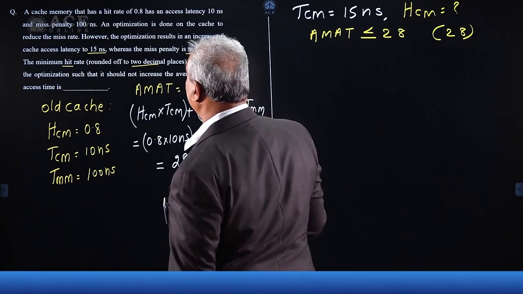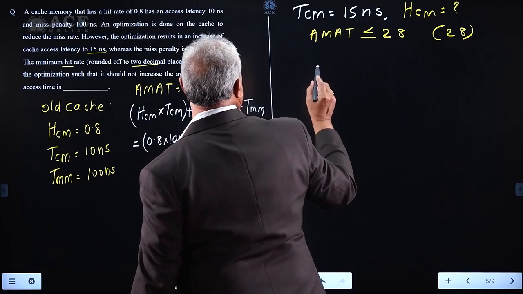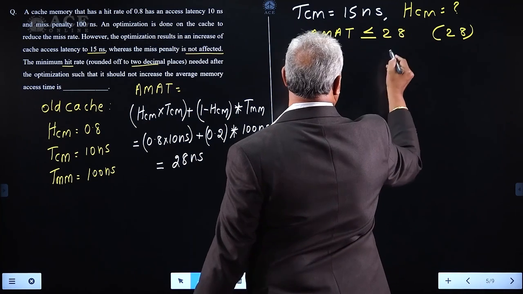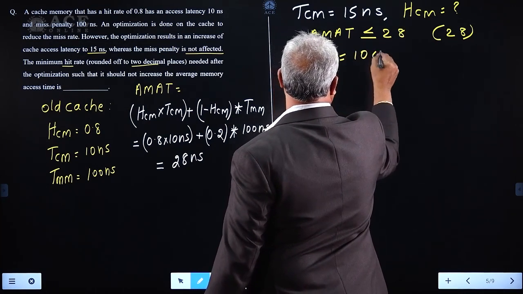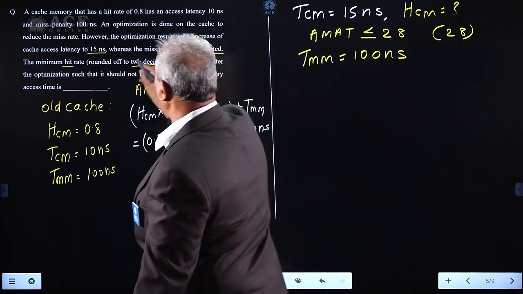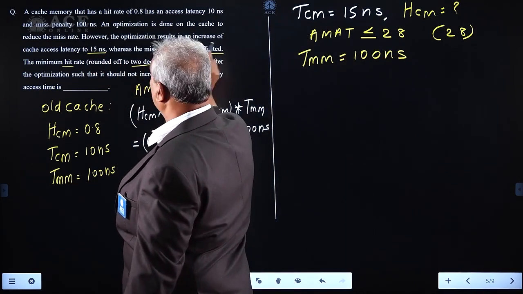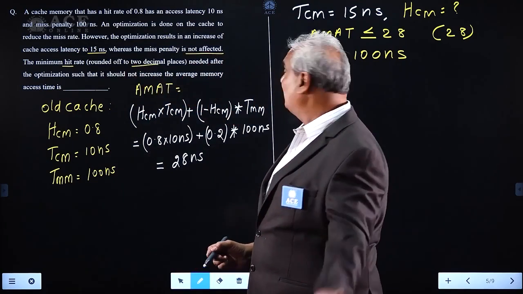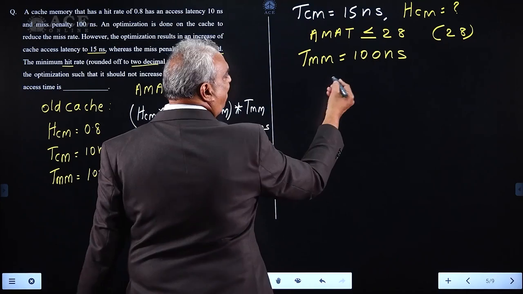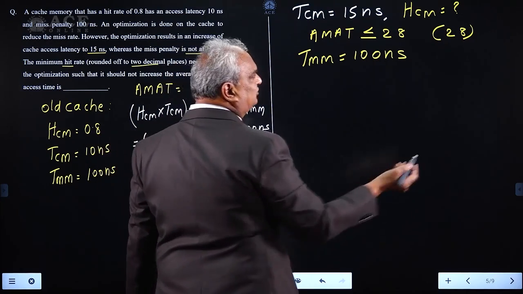Next, you should find HCM at the same time. What about TMM? There is no change, 100 nanosecond, because he mentioned the same thing clearly. Whereas the miss penalty is not affected, means TMM is not affected. Then what about average memory access time? Maximum here 28.